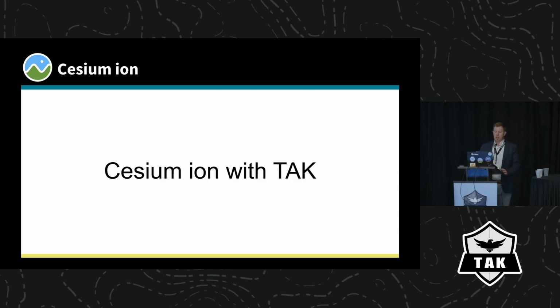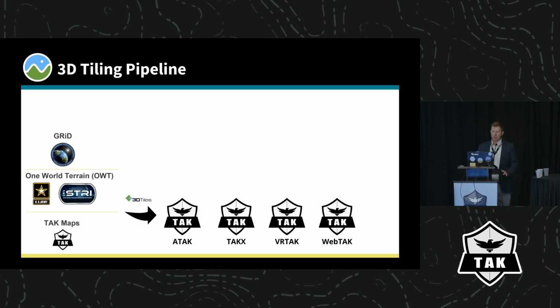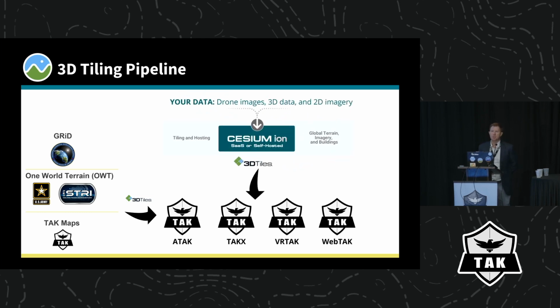So some relevant updates from Cesium for TAK. Another summary slide of what we just discussed. You can pull in a lot of the existing data sets that are out there, like One World Terrain, like NGA Grid, TAK maps. You can now pull in that 3D Tiles 1.1 data into your TAK products. And then with Cesium, you can also combine your own data with those data sets.